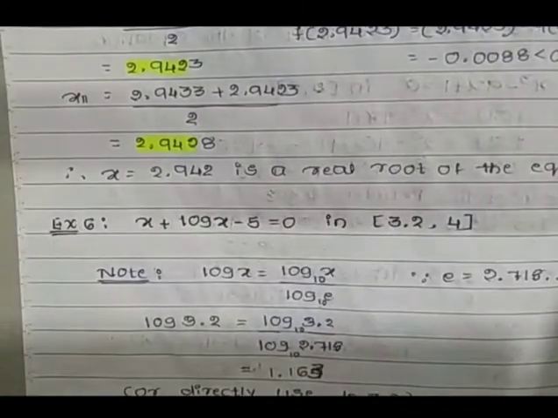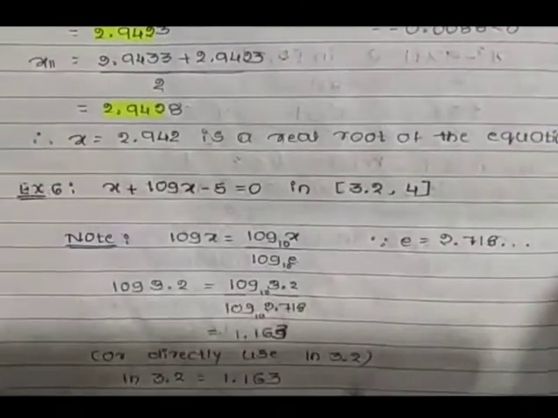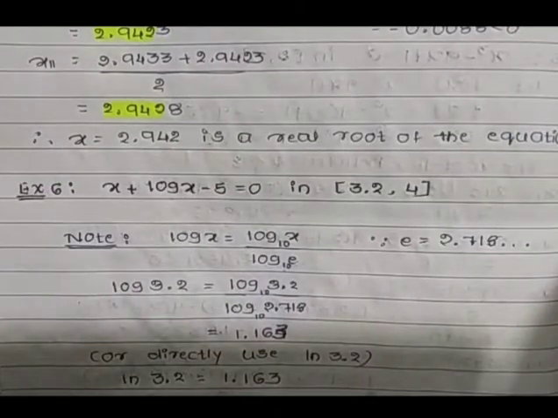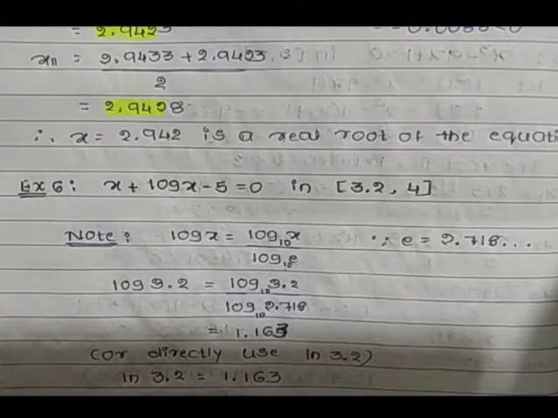Whether it is a transcendental equation or an algebraic equation, the bisection method simplification concept is the same. First we have to calculate the a and b values, then we go for the first approximation, by considering one positive value and one negative value, adding them and dividing by 2.